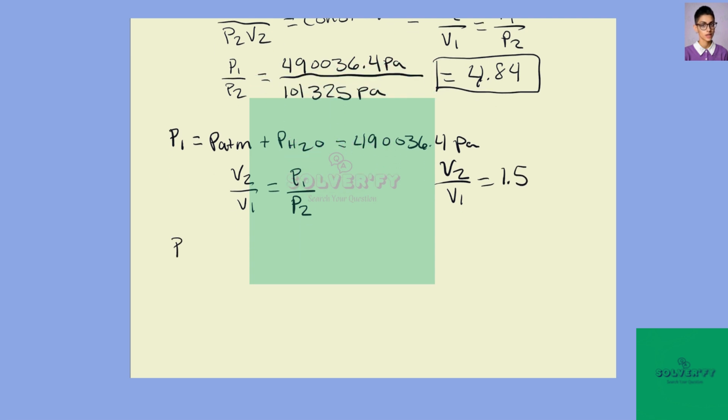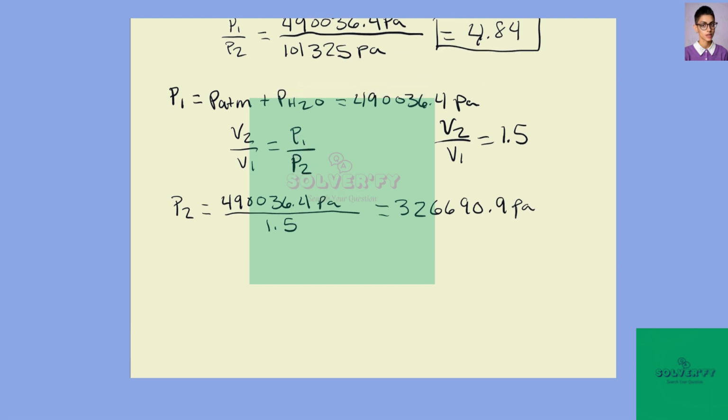So P2 is equal to 490036.4 pascals divided by 1.5. So P2 is equal to 32,660.9 pascals.